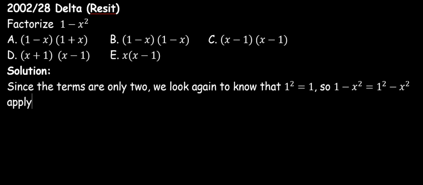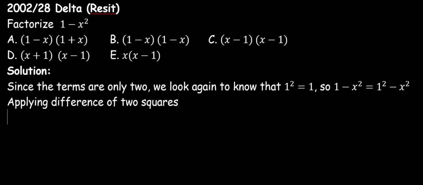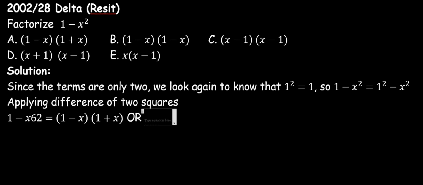Applying difference of two squares, 1 minus s squared will be equal to (1 minus s) into (1 plus s). Or you could say 1 minus s squared equals (1 plus s) into another bracket (1 minus s). The two expressions are the same, as 2 times 3 is the same thing as 3 times 2.